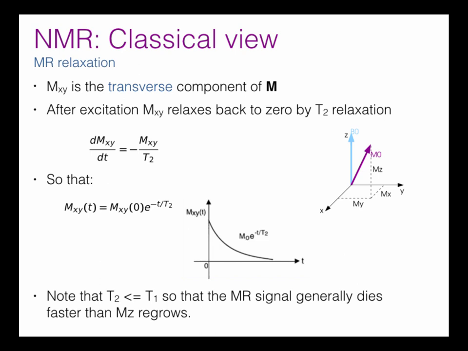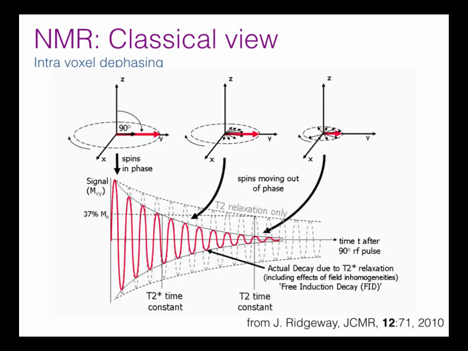Okay, so that's the rate at which we lose our signal if we try to image with it. When we've excited our signal and tipped it into the transverse plane, we lose it at a rate T2. In fact, we lose it a bit faster than T2, because T2 represents the irreversible loss of Mxy. But because we have an inhomogeneous field, different parts of our sample will get out of phase with each other.